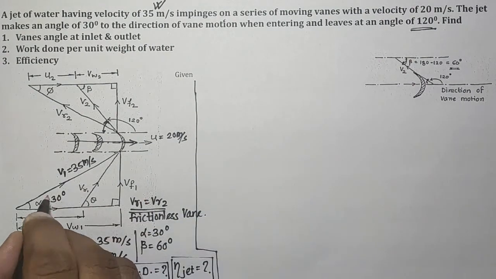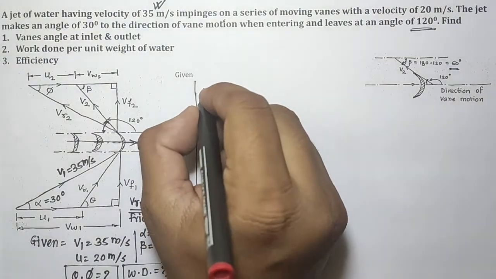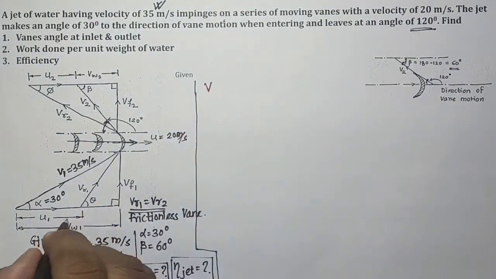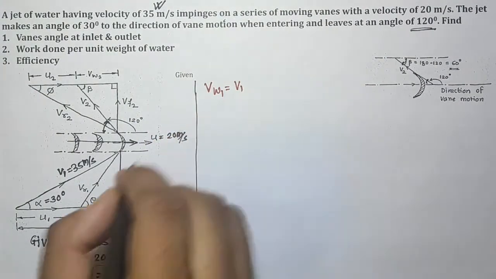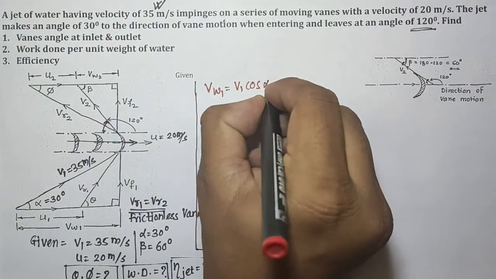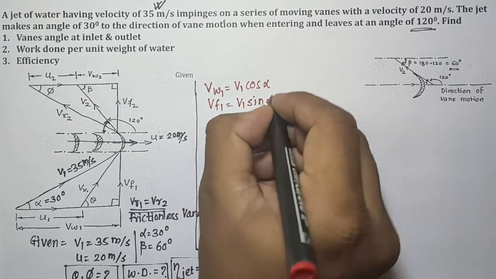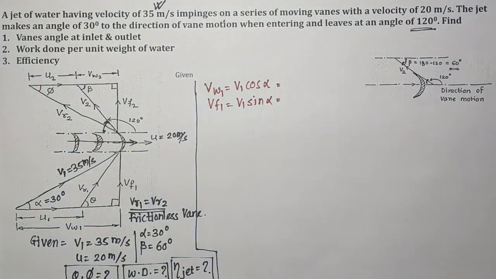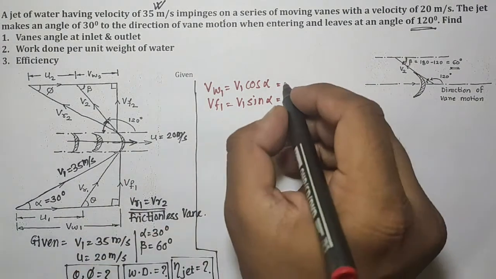First of all, from this diagram we can find V1. From V1 we can find VW1 as V1 cos alpha, and VF1 is equal to V1 sin alpha. These two components of velocity are essential.